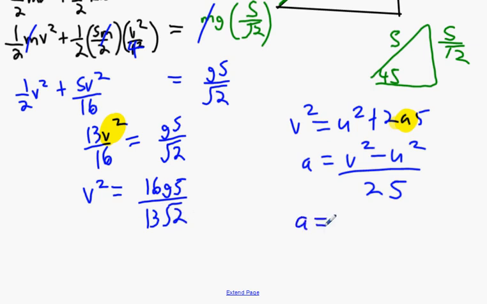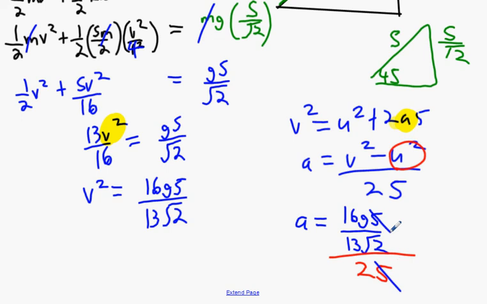A equals 16 gs all over 13 root 2. What's u squared? Big fat 0. All over 2 times s. Now, safe to say that the s's cancel.